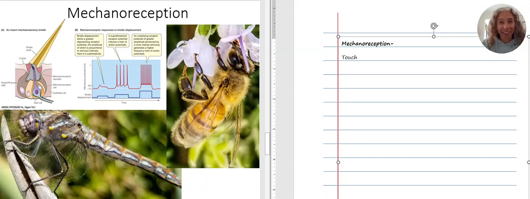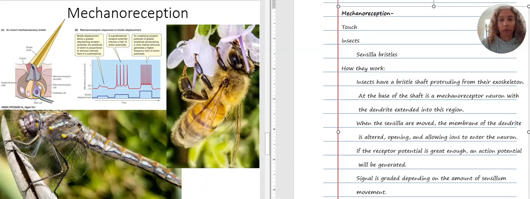As with the other sensory cells that we've talked about, mechanoreceptors are highly specialized with corresponding connections to the nervous system. And this connection is going to produce a response that's correlated with the signal. Insects use the sensilla that we have talked about, these bristles, for mechanoreception.